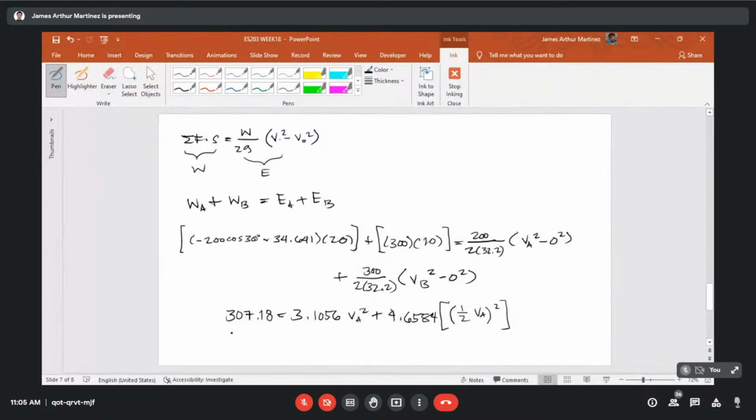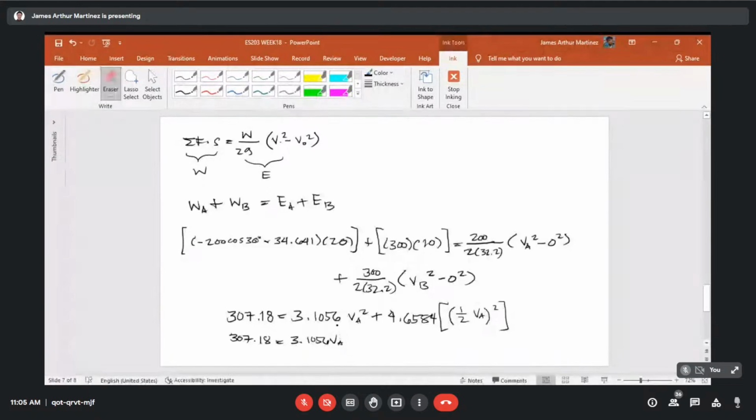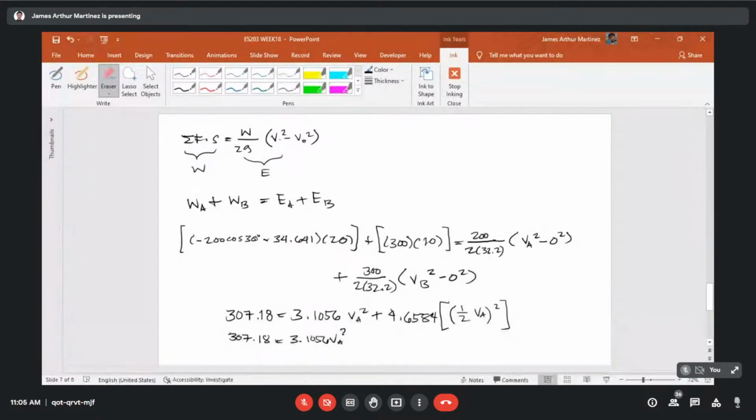So what will happen would be 307.18 is equal to 3.1056 VA squared plus 4.6584 multiplied by one half squared, which is 1/4, times VA squared.